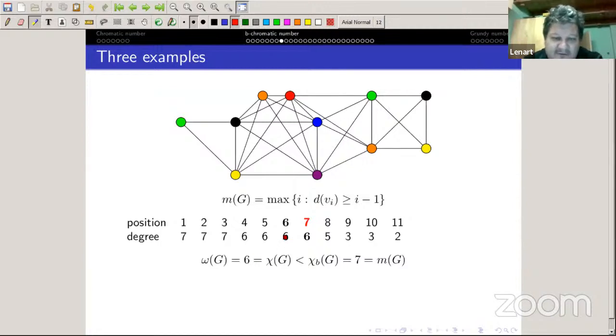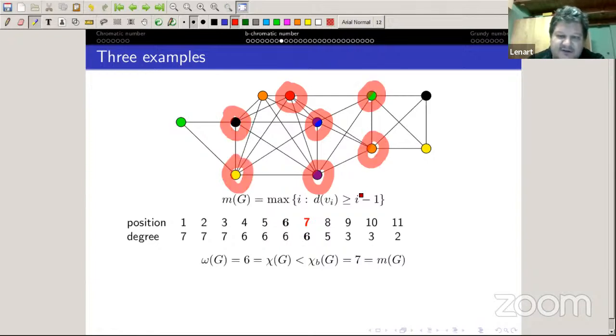Okay, let's go to the same example. So we have positions here, 1, 2, 3, 4, 5, up to 11, and the degrees: 7, 7, 7. Which vertices are of degree 7? I think that this red, this blue, and this violet. And then we have 4 vertices of degree 6, and this is this black, this yellow, this green, and this orange.